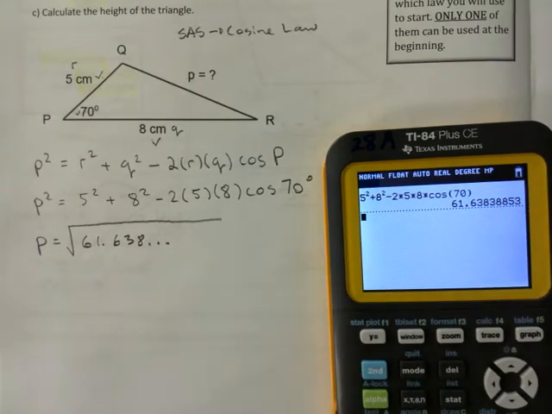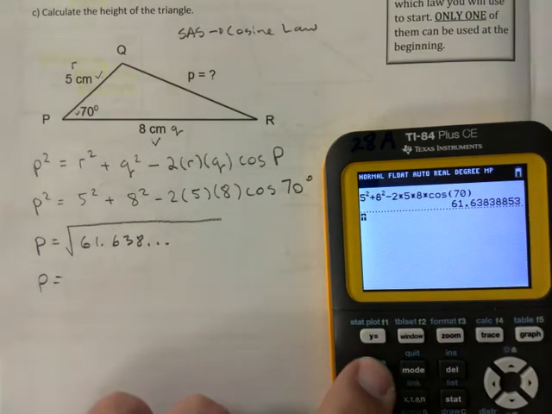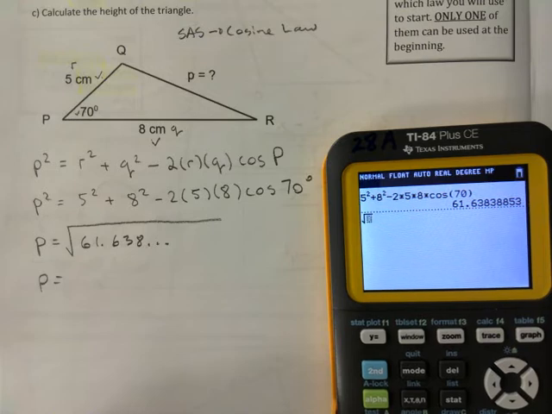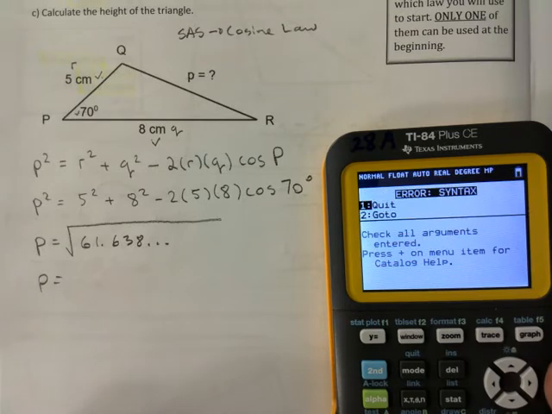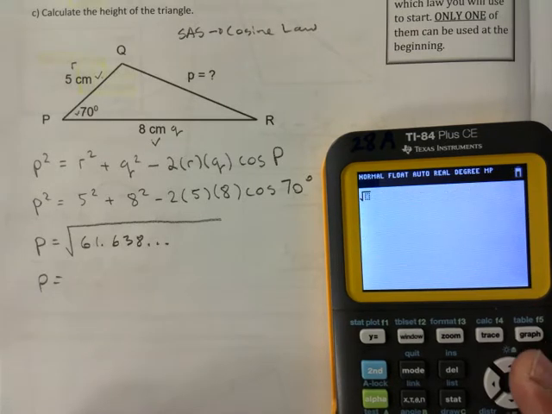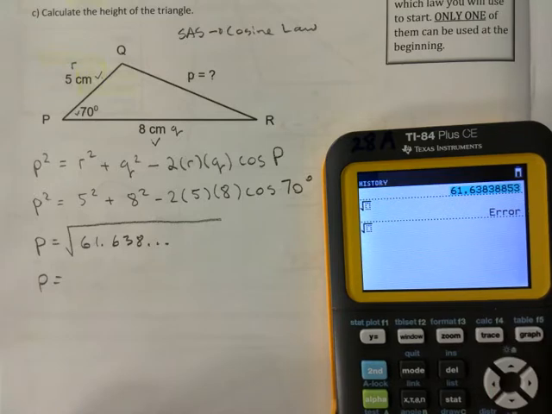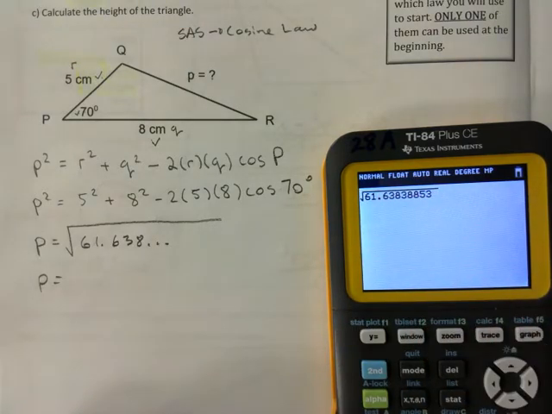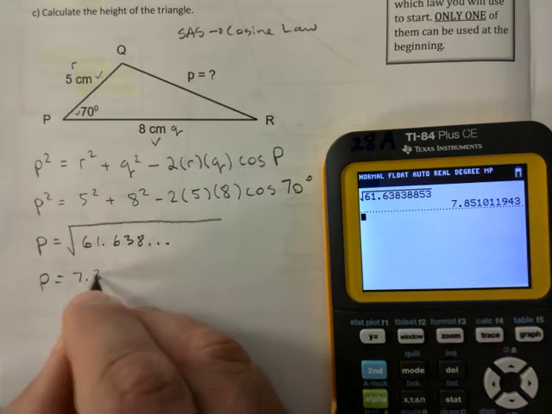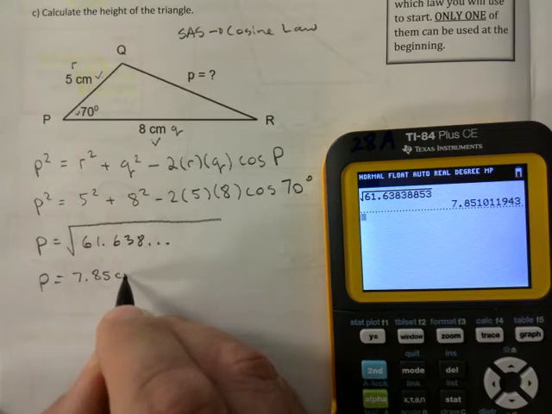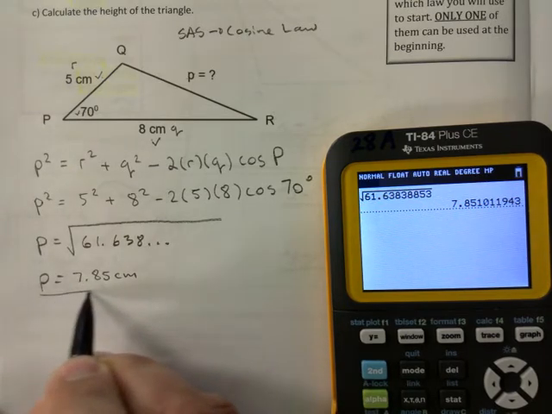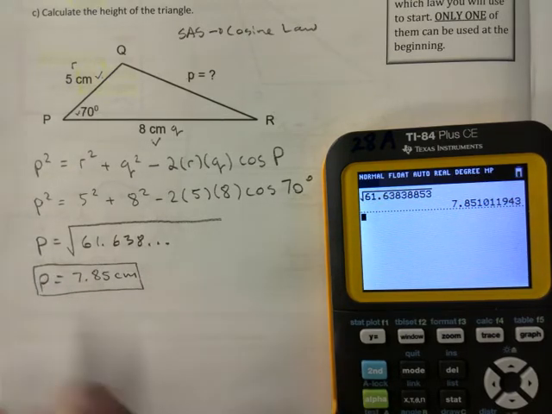And last but not least, you go second square root. I think you could just hit enter, right? You don't have to go copy it, or I'll try it. Oh, it doesn't like it. I have to go copy it into the root. And then it's 7.85, and we are in centimeters. Okay, so that's it. You've solved for side P.